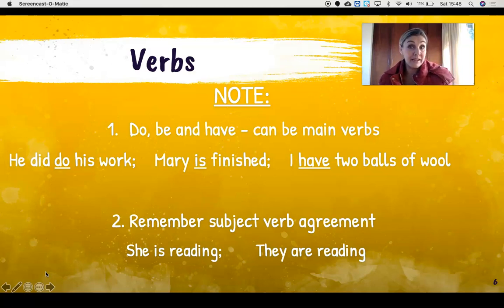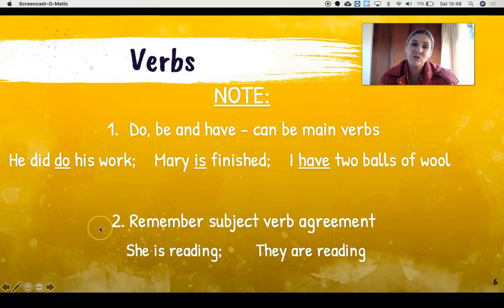I could say I have made a cake, or I have baked a cake, and that's where your have becomes an auxiliary verb. I have made a cake. But if I want it as a main verb, it can also be a main verb. I have a cake. So he did do his work. Mary is finished. I have 2 balls of wool. So they can be main verbs, and that's what you've got to remember. They're not always auxiliary verbs in a sentence.